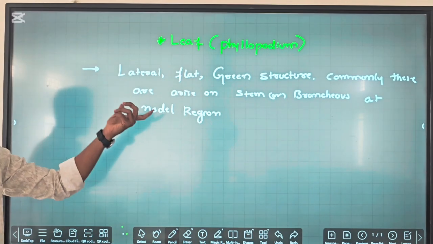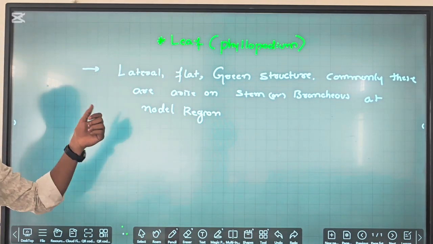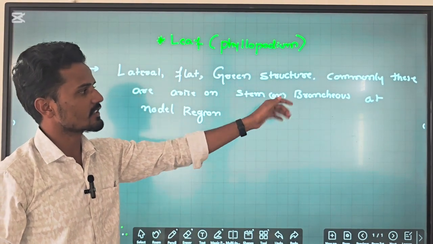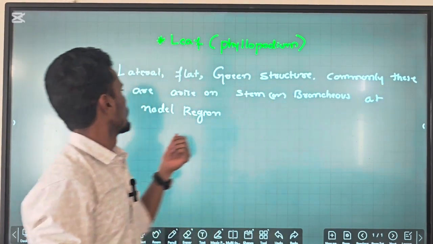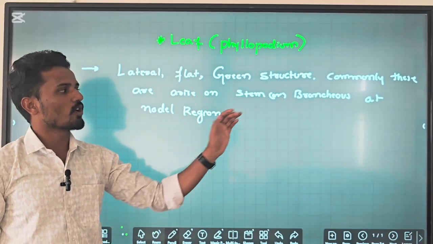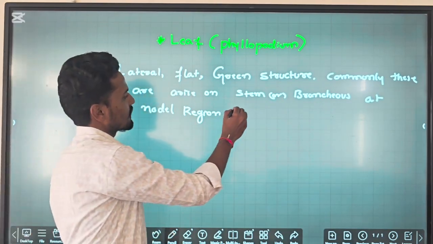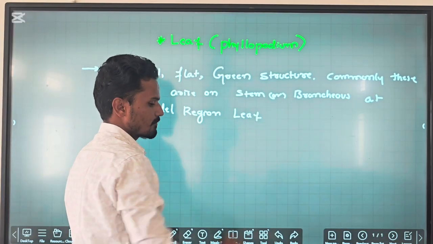So this is a common definition for a leaf. It is a lateral, flat, green structure. Commonly these arise on a stem or branches at a nodal region. That is called a leaf.